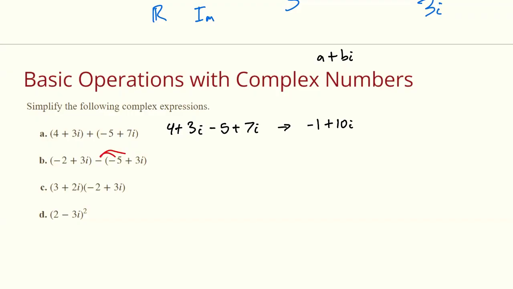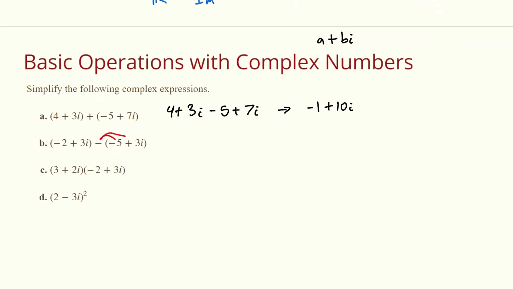Okay, so remember that. So if I come in here, I can rewrite this as -2 plus 3i, but then a negative and a negative make a positive, and then I get a negative again. And then once again, we're down to the same thing. -2 plus 5 gives me what? Just a 3, right?